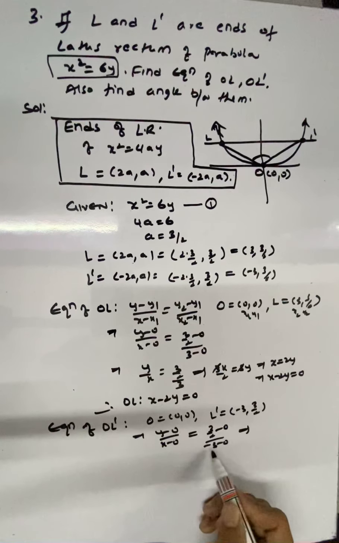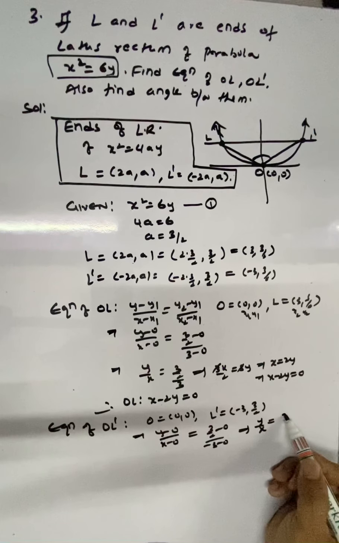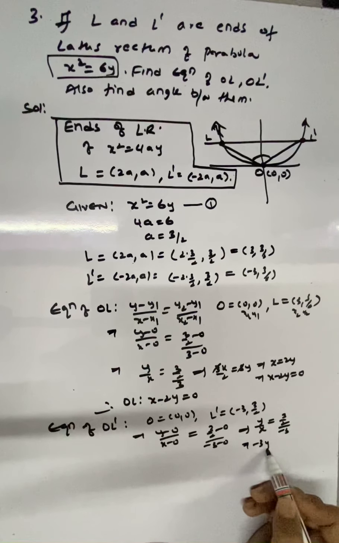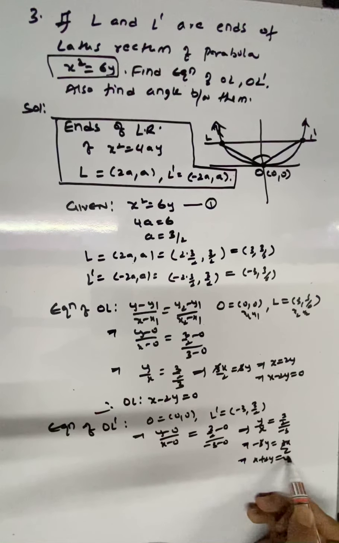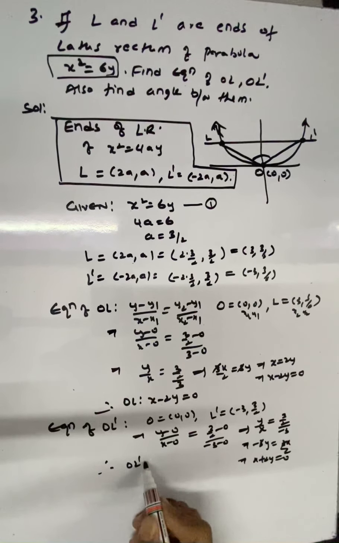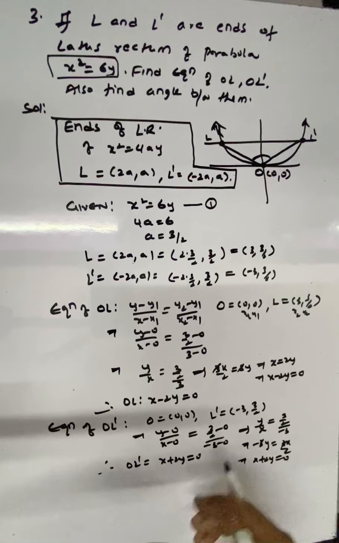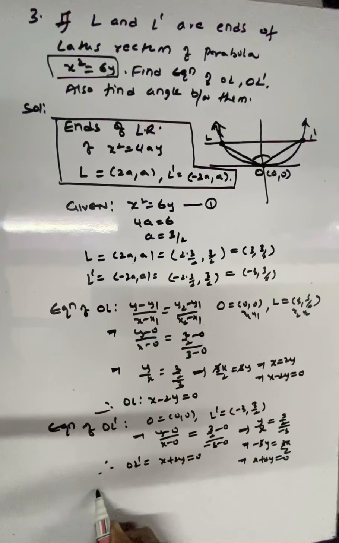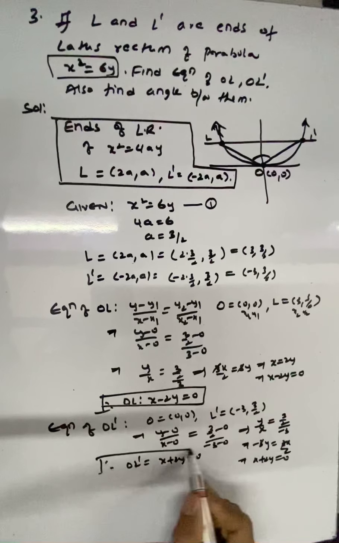This implies y by x equals (3 by 2) by minus 3. Minus 3y equals 3x by 2. 3 cancelled, minus 2y. So this is x plus 2y equal to 0 after calculation. OL dash equals x plus 2y equal to 0. We have two lines now, this line and this line. This is the OL answer. This is the OL dash answer.